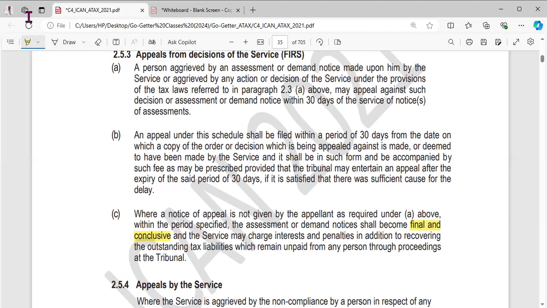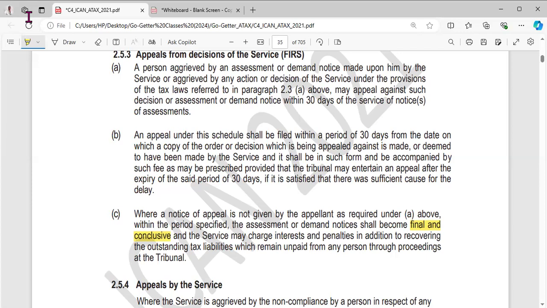One, when there was no notice of objection within 30 days of the service of a notice of assessment, it is final and conclusive.